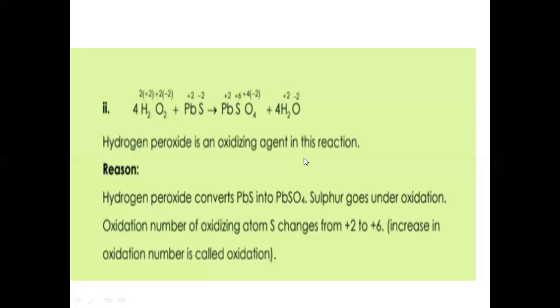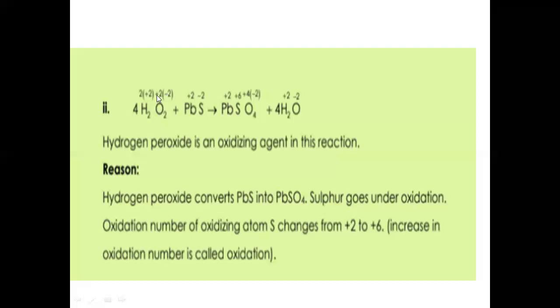In the previous case, hydrogen peroxide acts as a reducing agent, while in this case, hydrogen peroxide acts as an oxidizing agent. I told you this is -1 because in peroxide the oxidation state of oxygen is -1, for 2 it is -2 because 2 times -1 is -2.